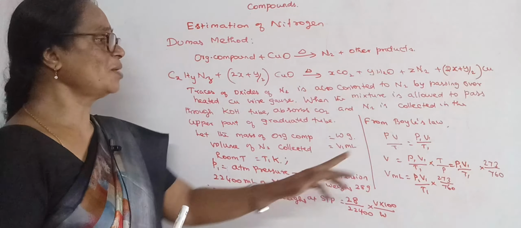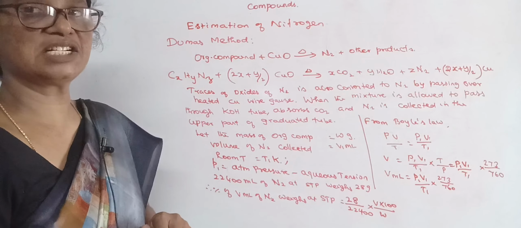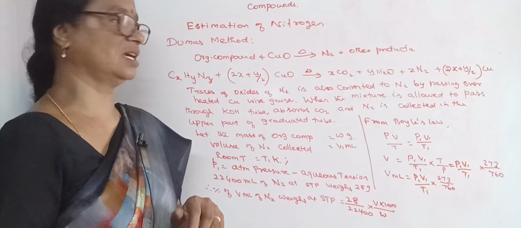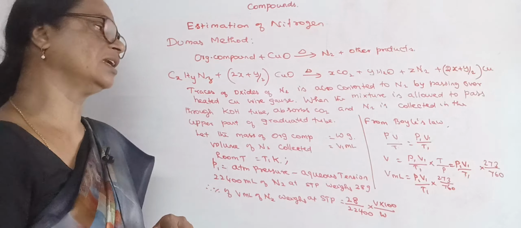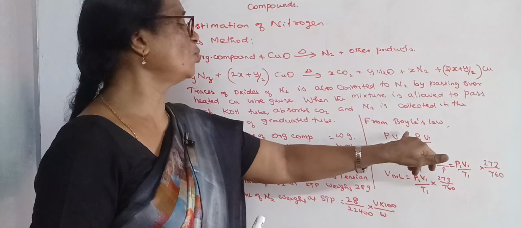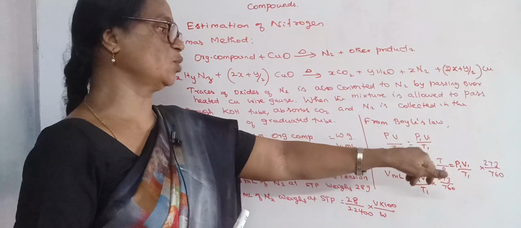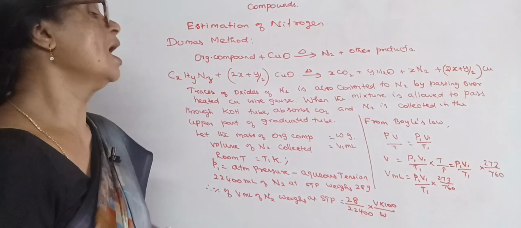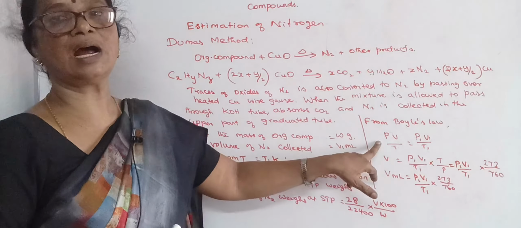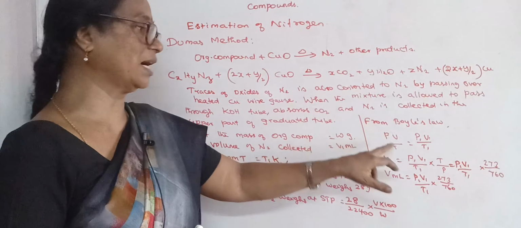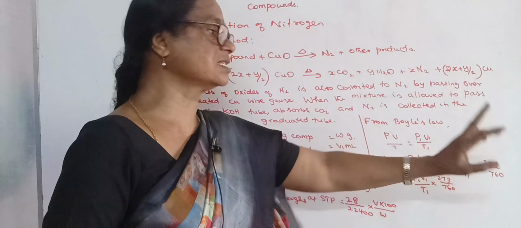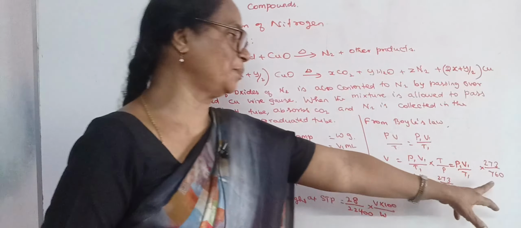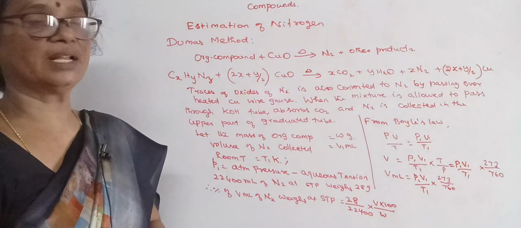From Boyle's law, we know the relationship between pressure, volume and temperature. We call it the ideal gas equation. Let us see: P V by T equal to P1 V1 by T1. This is for two different gases, and this is to be taken at STP condition. At STP, the temperature is 273 Kelvin and the pressure is 760 millimeter of mercury.